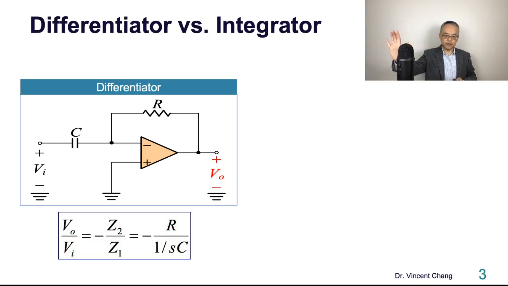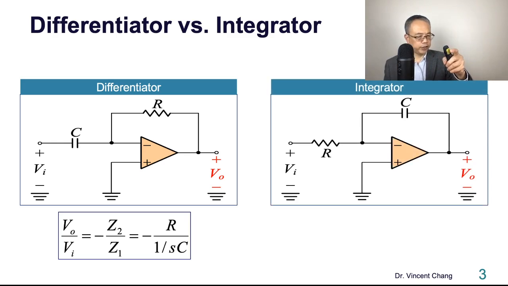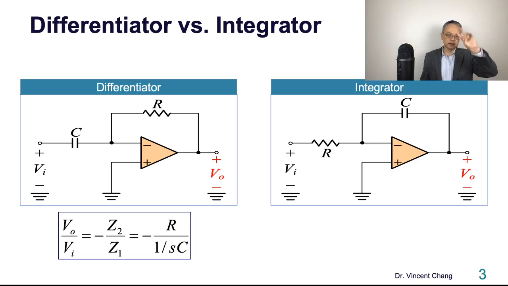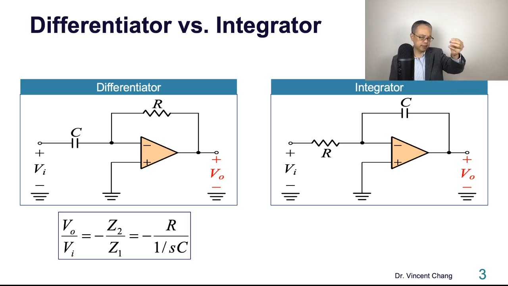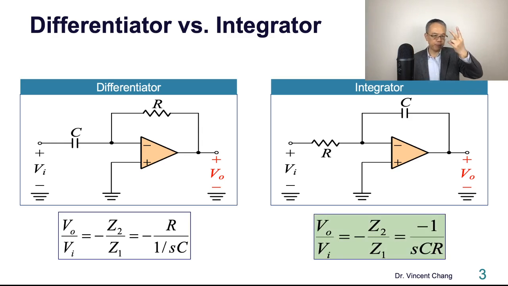So on the left-hand side is the differentiator. In the previous lecture, I presented the inverting integrator. Now it's on the right-hand side. So it's just the flip, the interchange between Z1 and Z2, the flipping of the positions of R and C. Then the transfer functions become the inverse of each other, right?